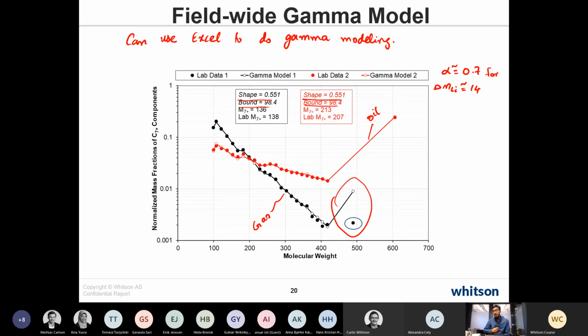That Excel file also has this gamma distribution model program in it, and we will see how we can use that spreadsheet to develop the gamma distribution model for the PVT reports we have, and you can also use that template for your other fields if you want.